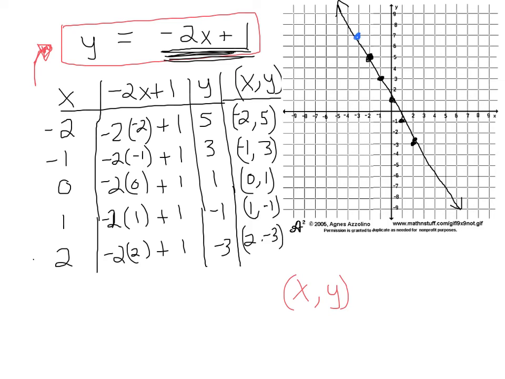So this point here should be on the line. And if it were, then it would work for this equation boxed in red, the equation -2x plus 1 is equal to y. So the point that's on the line, this point right here, (-3, 7), should work. If you put in a -3 here for x, you should get the result of 7. 6 plus 1, 7. Oh my gosh, this makes sense.